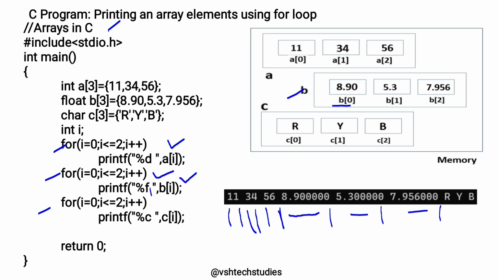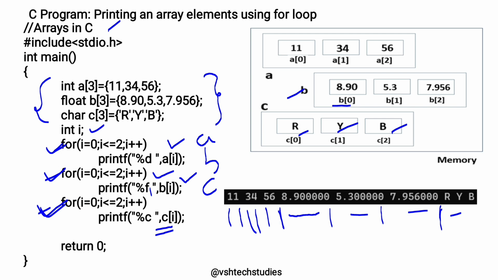After the space here, the next for loop prints the array C elements, that is R, Y, B with a space in between. So this is how three arrays are declared and initialized. Then with the help of one index every time, with three for loops here, the three arrays A, B and C are printed on the monitor.